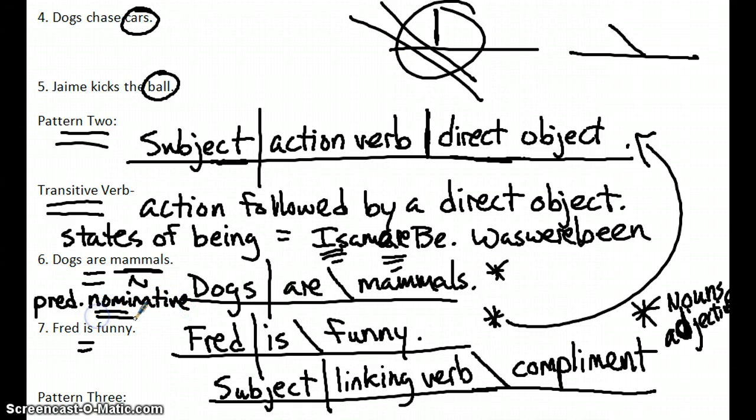Nomin means name, right? It's renaming dogs as mammals. Or, in the second example, because that's an adjective, we say it's a predicate adjective. So predicates that have state of being verbs are one of two things: predicate nominatives or predicate adjectives. Please study and remember these three sentence patterns. Thank you.